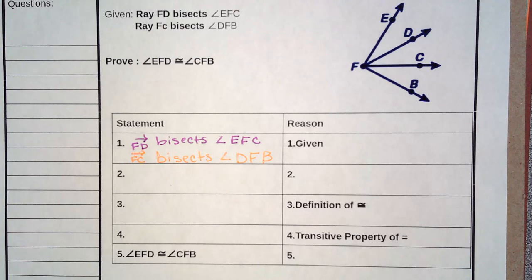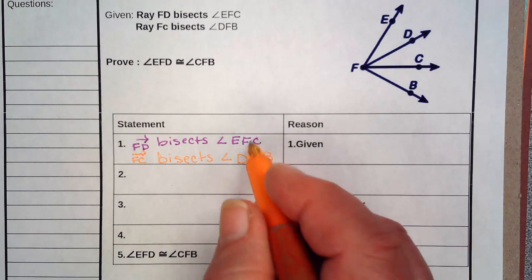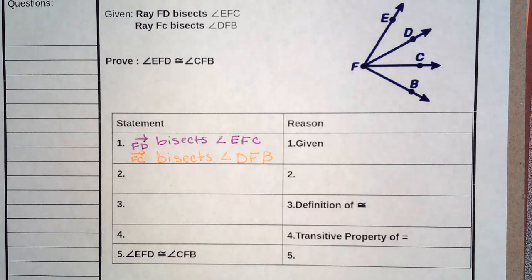Okay, what does bisect mean again? Well, it means that it cuts it into equal pieces. So as I'm looking at this, bisects means two equal pieces. I can prove that I've got two sets of angles that are congruent because that's what bisect means. And that's what I'll use next.